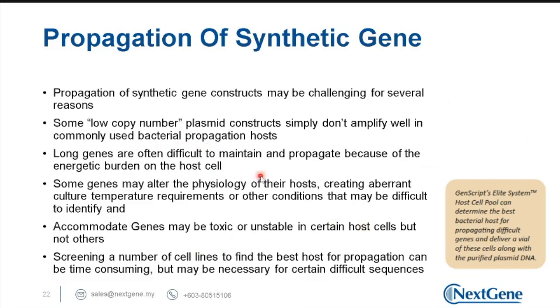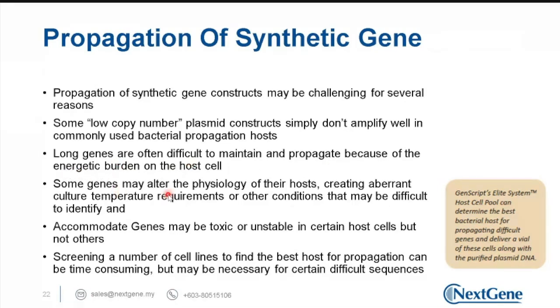So after we get the gene construct, we will propagate it in E. coli. And the propagation sometimes may be challenging for several reasons. One of them is that the low copy plasmid construct does not amplify well in the bacterial host. And a lot of times this is caused by long genes, because long genes are often difficult to maintain and propagate inside the host E. coli cell, because they cause an energetic burden.